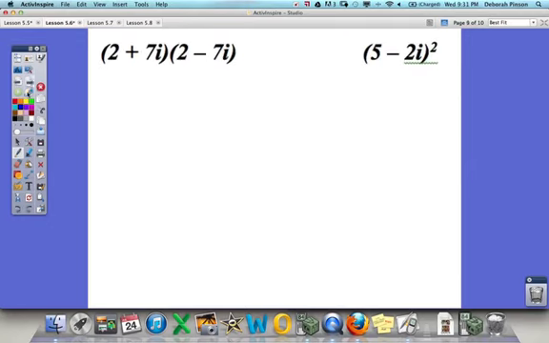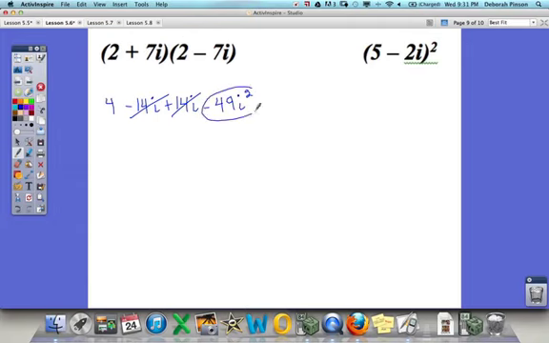Okay, let's do 2 more. So looking at this, I'm going to FOIL. So first, outside, inside, and last. Now you will notice that I'm going to get some canceling that happens here. Because if you look at these two, see how they're conjugates?